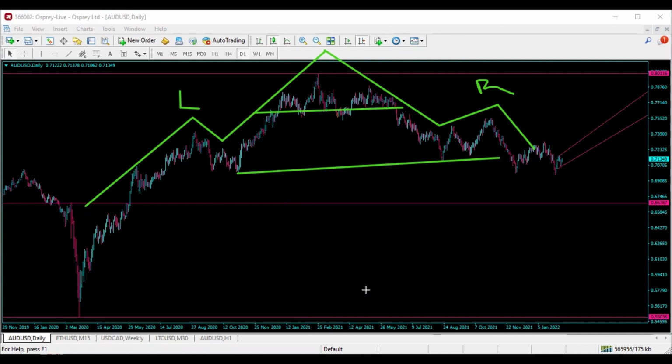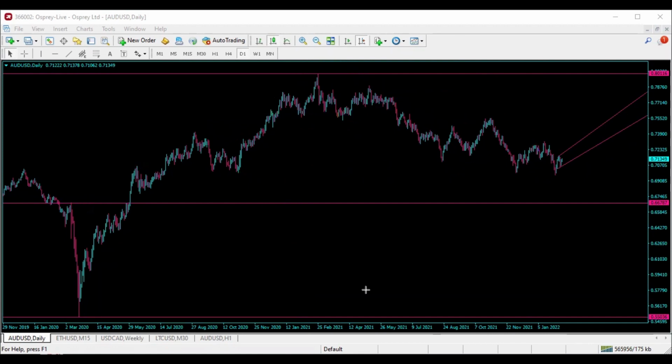But here at Wick to Wick, I absolutely 100% encourage you, when you first start out, get to know these two lines right here. Those are your trend line and your horizontal line.